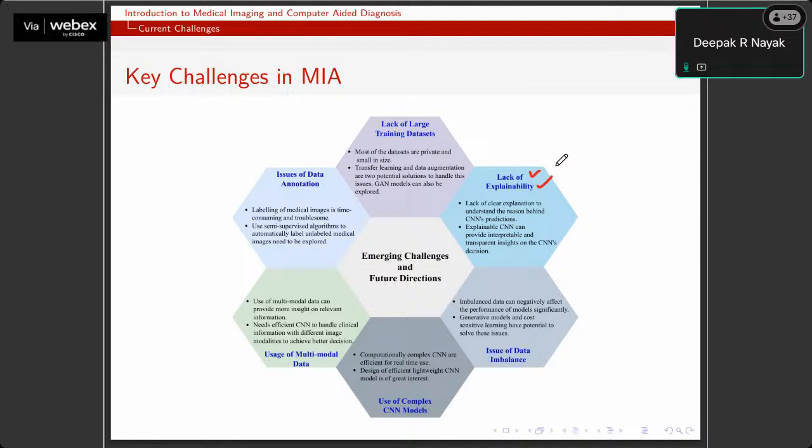What is the major reason behind the decision of your model? That means you need to interpret or explain your approach, whatever you have developed. That is the lack of explainable AI or interpretation of your model. You can go through this. It is very, very important to discuss the explainability and interpretability of the models you have developed.